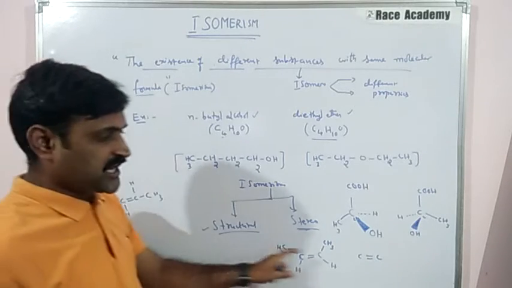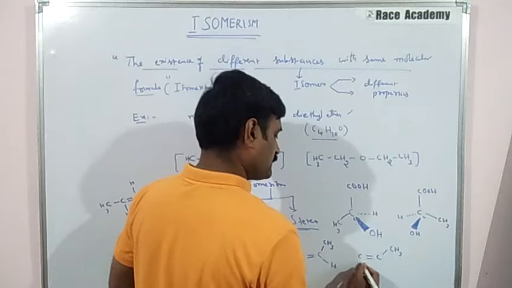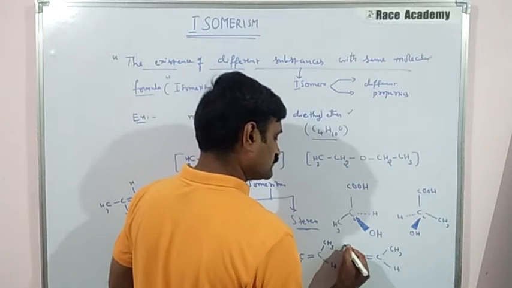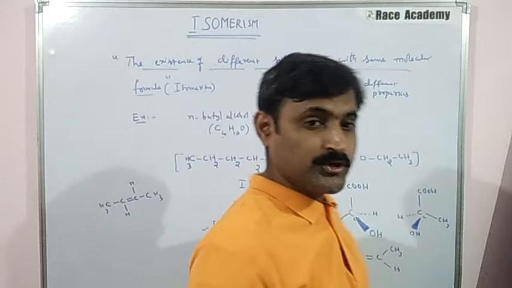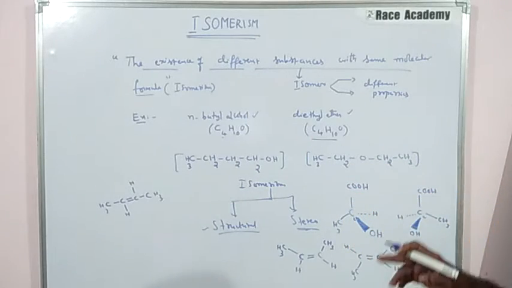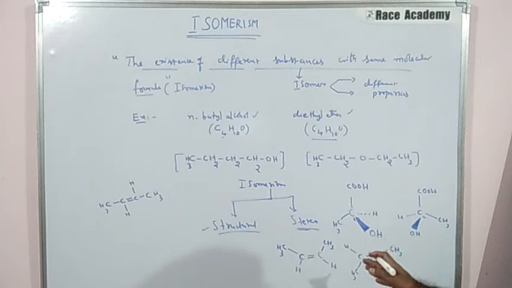When these are changed to opposite sides, the structure is different, and the physical properties are different for these two. That's why butene is said to exist in two forms, differing in the arrangement of atoms and groups around the double bonded carbon atoms.